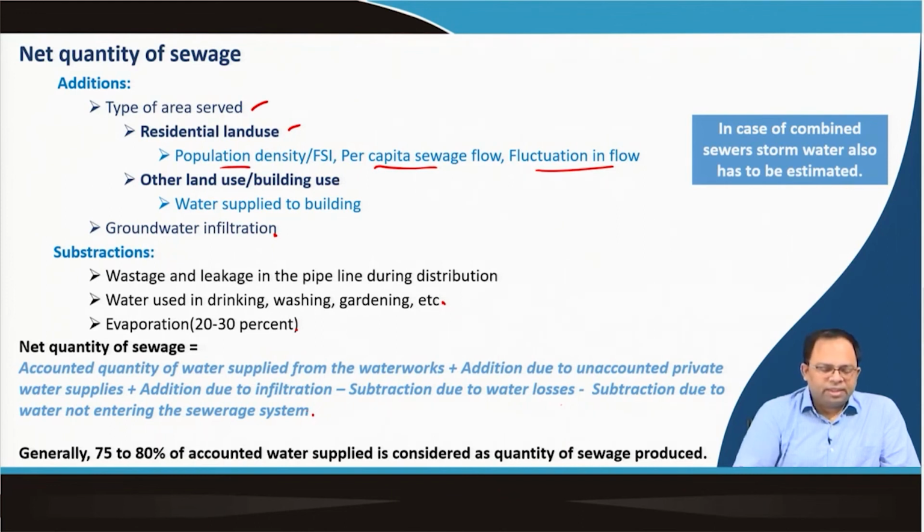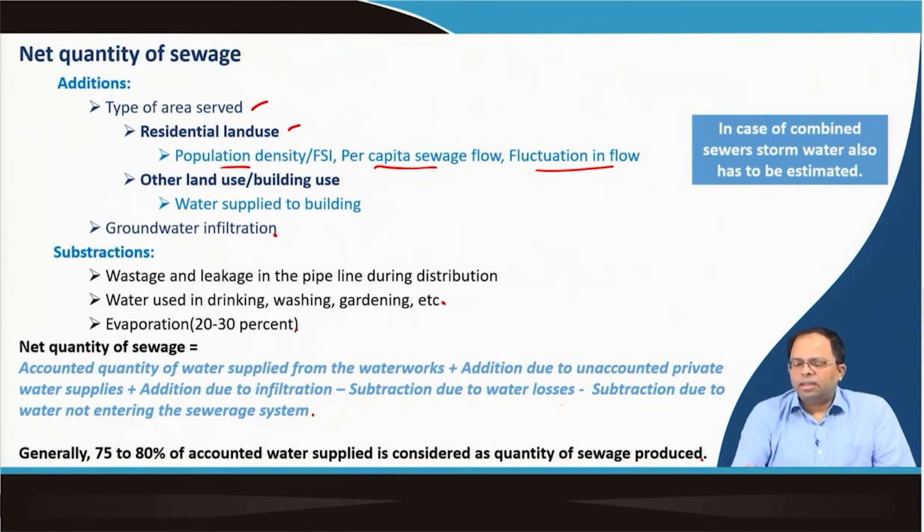So, these are the different things. Overall, we take 75 to 80% of accounted water supply as the quantity of sewage produced, but as you understand, 75 to 80% is fine in certain seasons, but during rainy seasons and in certain other seasons this value actually increases to even 90%.